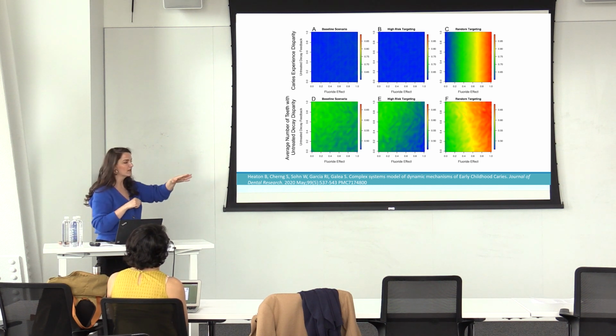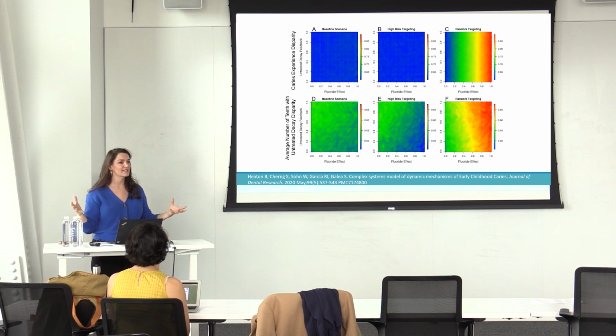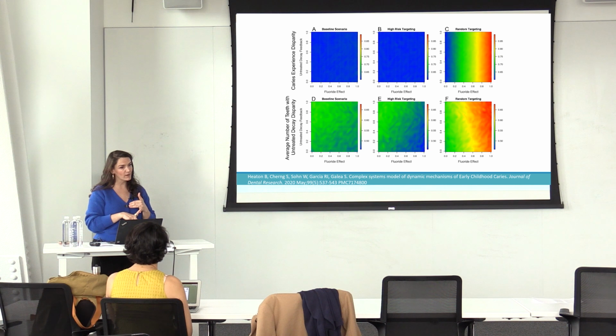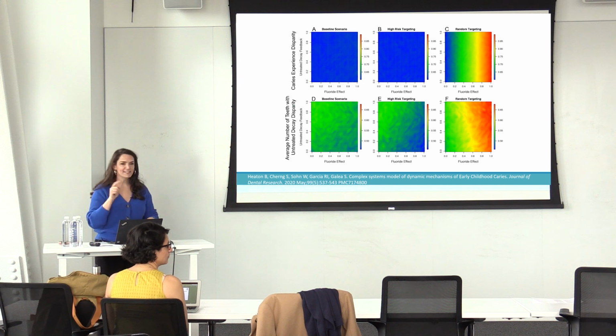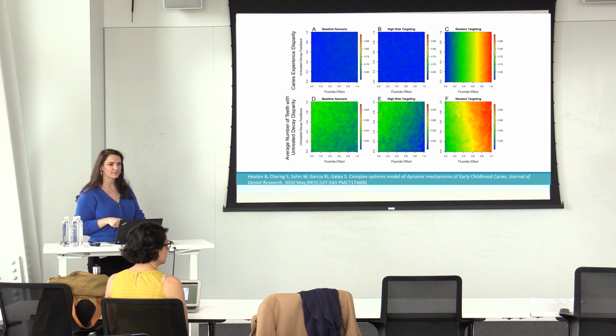And then in random targeting, we just increased access generally to fluoride. So this would be akin to a policy intervention where you would just make access much easier to fluoride. And we've seen that where now kids are getting fluoride varnish in their primary care, child visits. You can go to WIC centers, women, infants, and children centers, and get fluoride varnish. It's really accessible in the population. But what does that do to disparities?